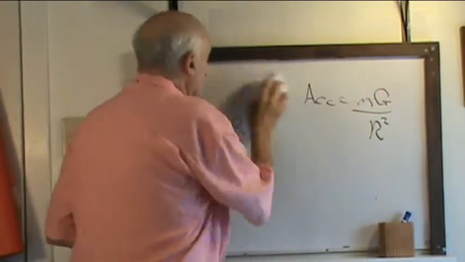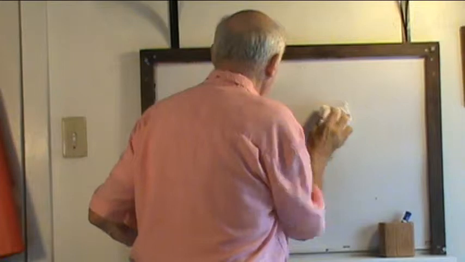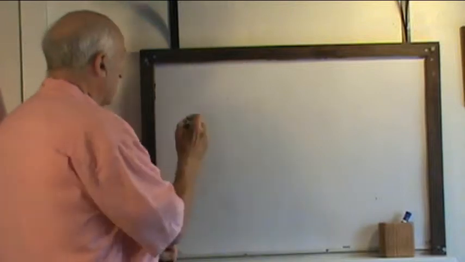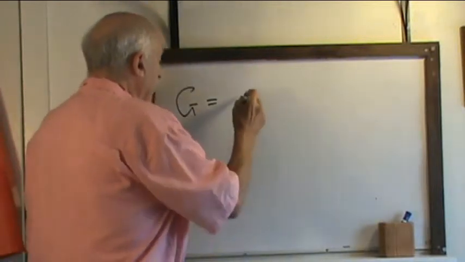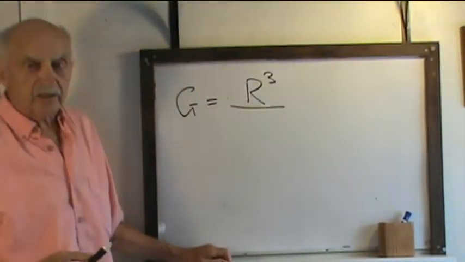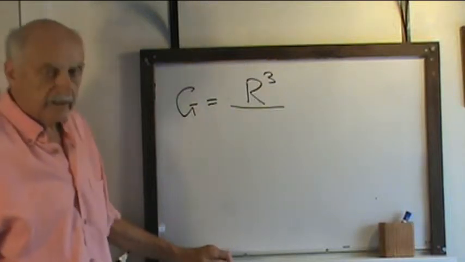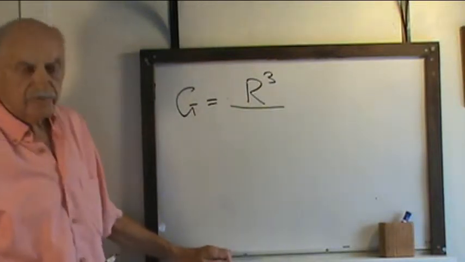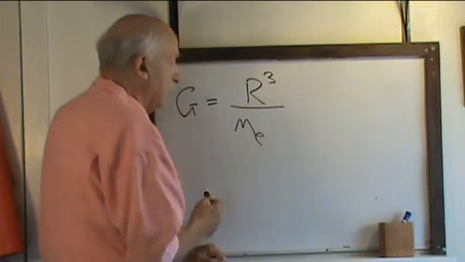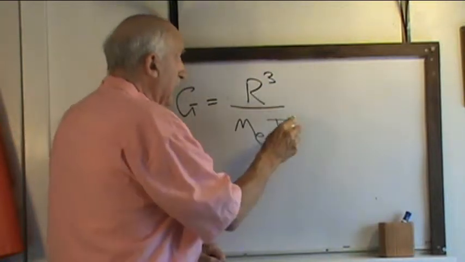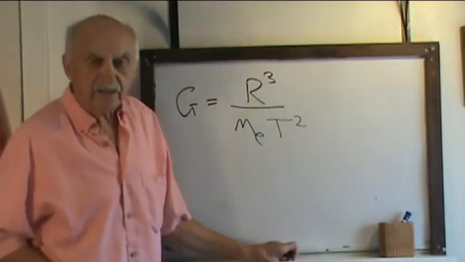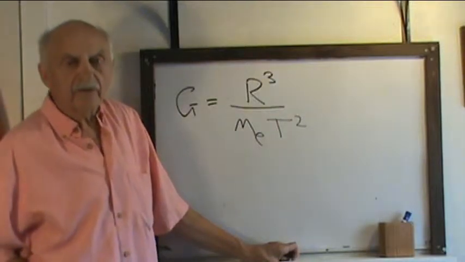If you take the length, or the distance between two bodies, we'll call that R. That would be R cubed, which is the length cubed that's in the definition of G from a dimensional point of view. Then the mass of the Earth would be under here, and this would be what I've referred to in other writings and videos as the period, the time of the pair of bodies.